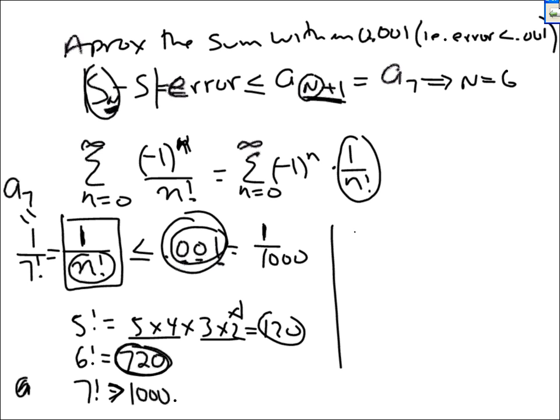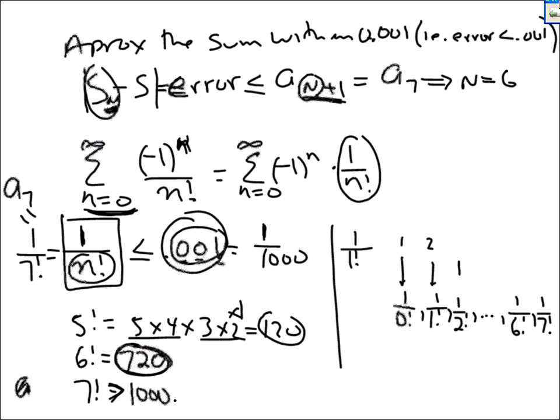So I won't do this, but you need to add up the first terms. We have to be careful about what I'm saying, because they're playing a silly game by starting at 0. Remember, you have 1 over 0 factorial, then 1 over 1 factorial, 1 over 2 factorial, and eventually 1 over 6 factorial and 1 over 7 factorial. That's the first term, the second term, the third term.